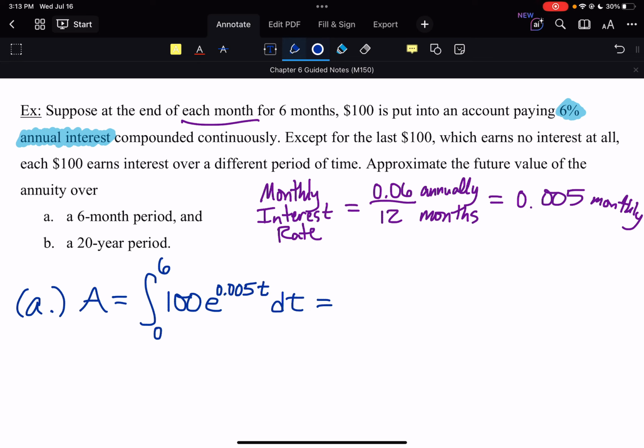Now we take the antiderivative of this. So remember, the antiderivative of the e expression will be itself again. So there will still be an e to the 0.005t up here.